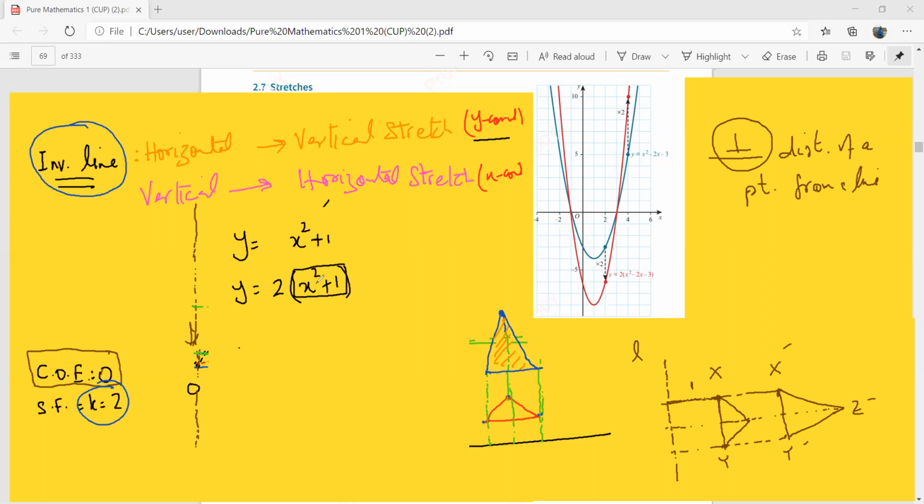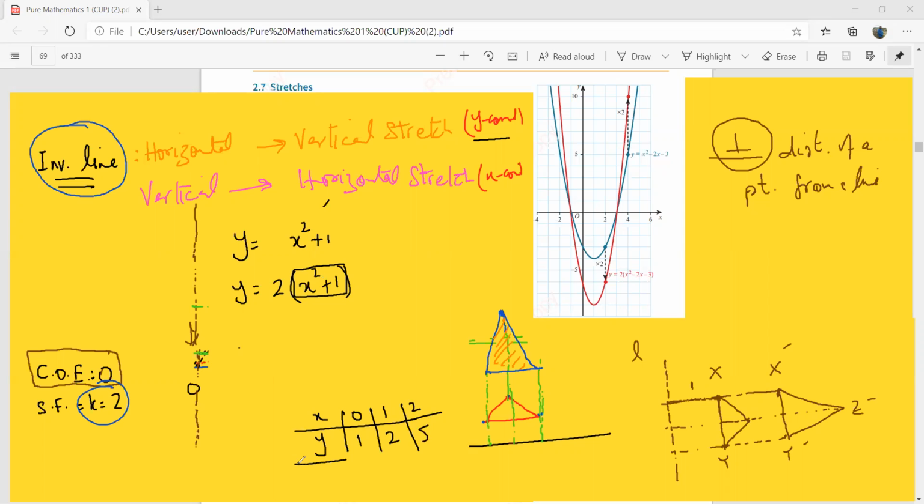For example, if there is your x, there is your y. Suppose when you put 0, your y is 1. When you put x is 1, your y is 2. And when you put your x as 2, your y is going to be 5.